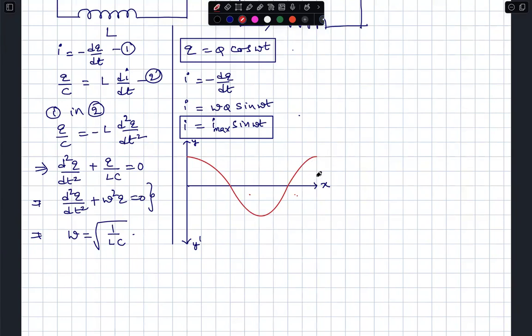Remember, the red line indicates the charge as a function of time. This is at T by 4. This is at 3T by 4. This is at T by 2, and obviously this is at T. If you follow the current graph, the current graph is like this.